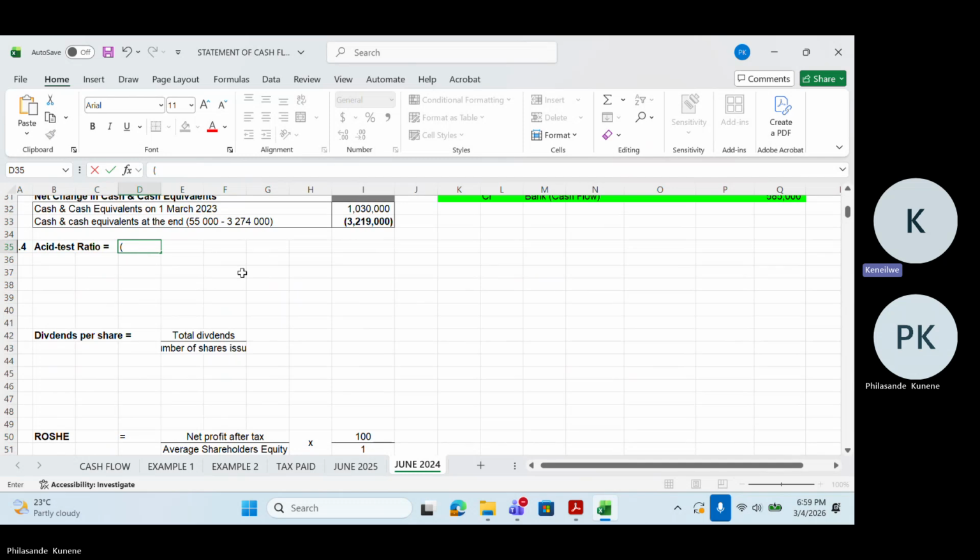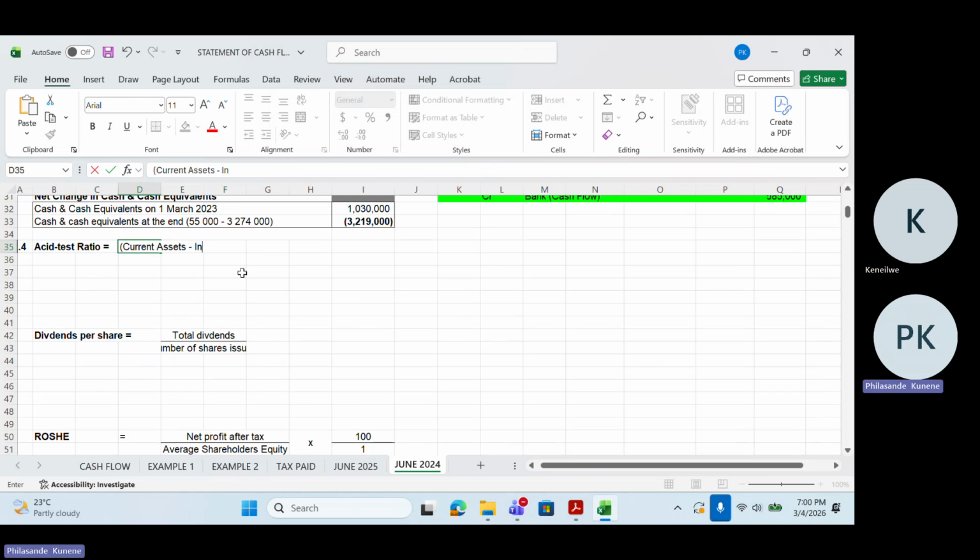Not really non-current liabilities, right? The acid test ratio comes after the current ratio. We have the current ratio, and we have the acid test ratio. It affects only the short-term obligations and the short-term assets of the company. So the acid test ratio is current assets minus inventory.